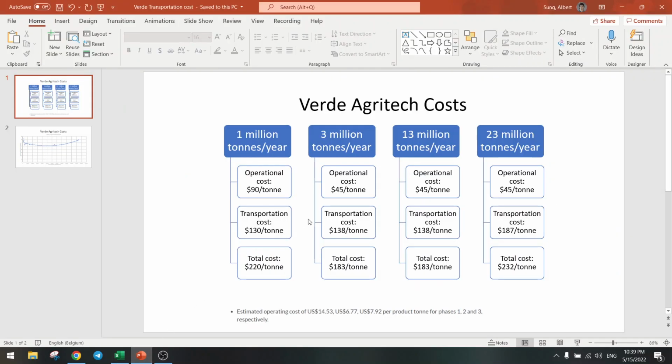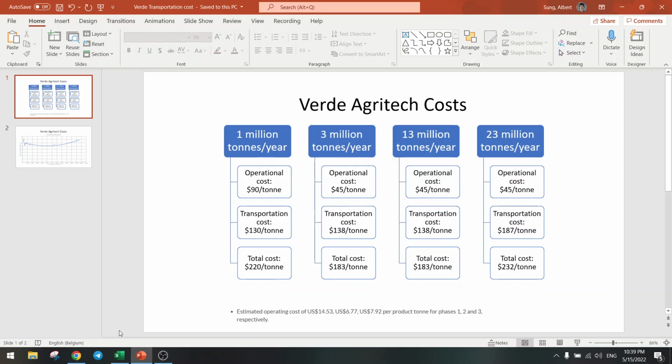Now let's go over to the transportation costs. You can actually see here in the operation costs, it's just going to half, okay, from 90 to 45, and it stays there.